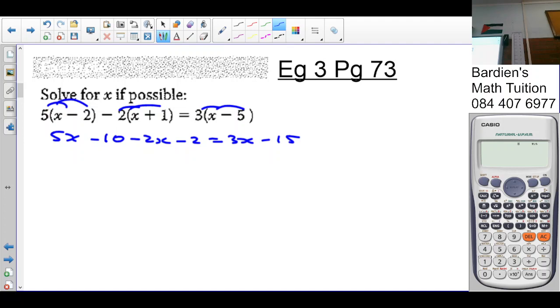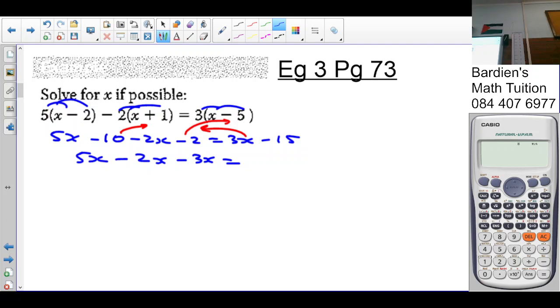Now what do we do? X is one side, numbers are the other side. So 3x is going over, whilst negative 10 and negative 2 go in that direction. Whatever stays on the left hand side we write down first. So it's going to be 5x minus 2x. We bring 3x over, it becomes negative 3x. Remember the sign changes. Taking positive over the equal sign becomes negative, and negative over the equal sign becomes positive.